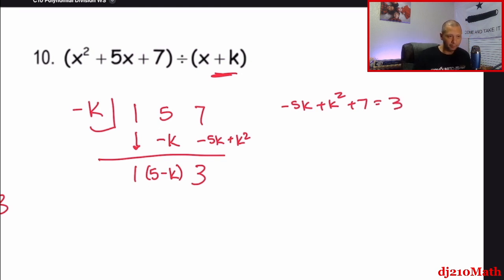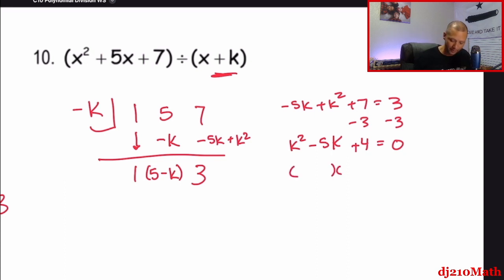I'm going to move some things around and rearrange this. So let's subtract 3 from both sides. We're going to get 0 on the right. We're going to get positive 4, and then k squared minus 5k. No pun intended.